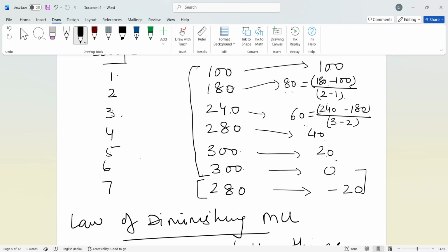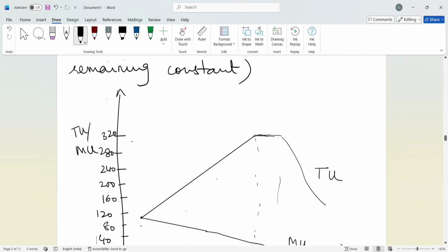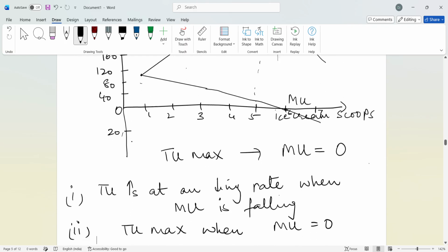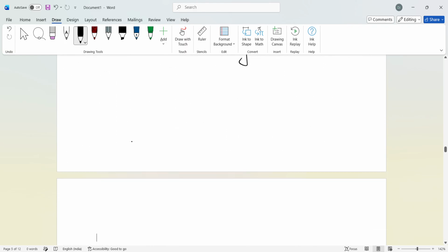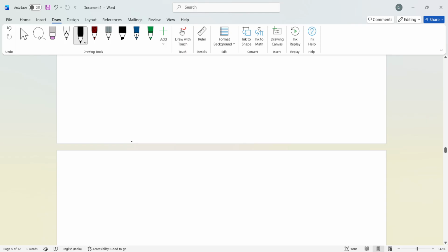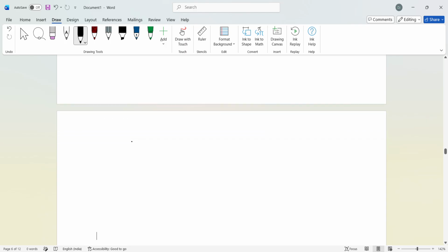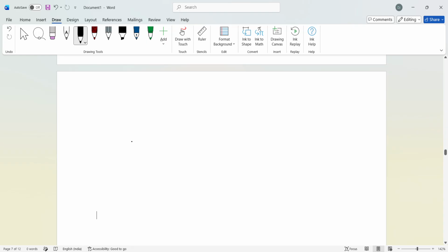All right. Now, the last thing that we have to do is, how does an individual maximize the utility? So we have understood that an individual will stop consuming a good when the marginal utility turns out to be negative. And we also have understood that as we consume more and more of a good, the marginal utility starts declining for that good.